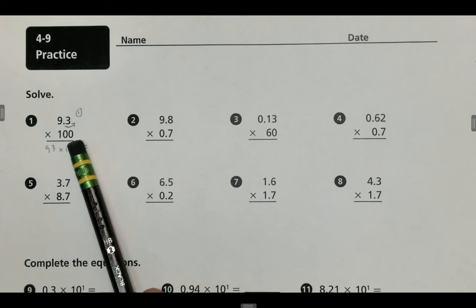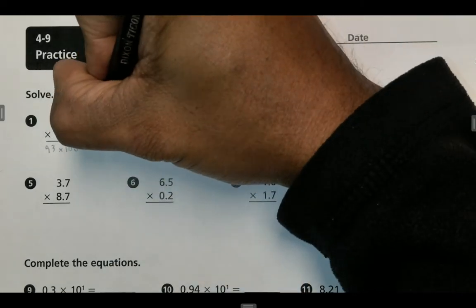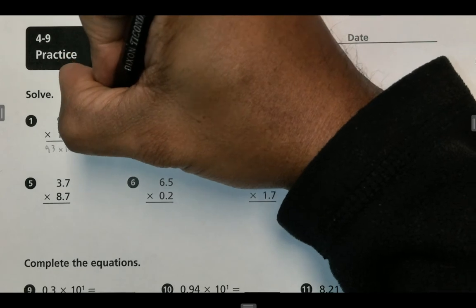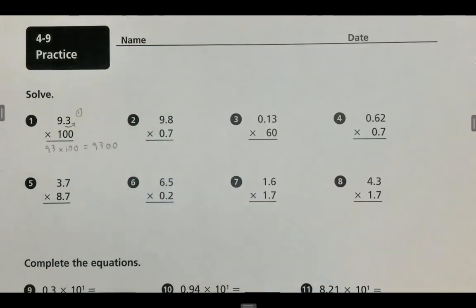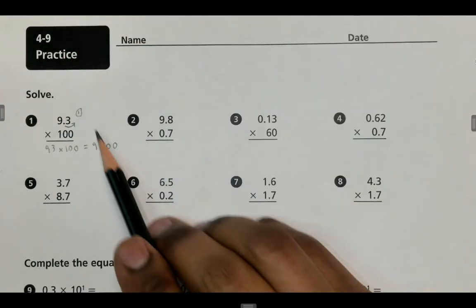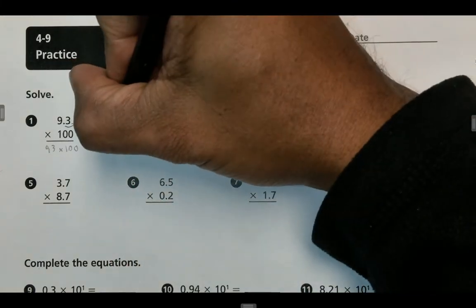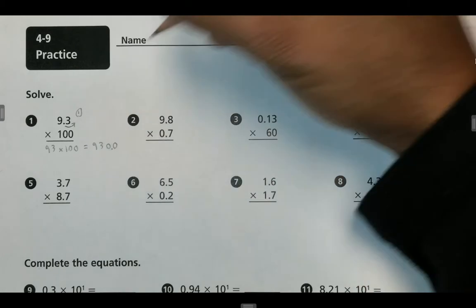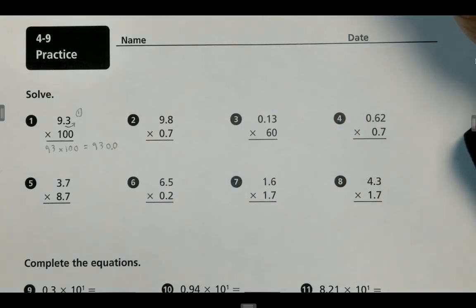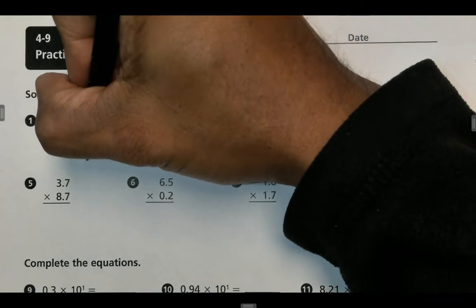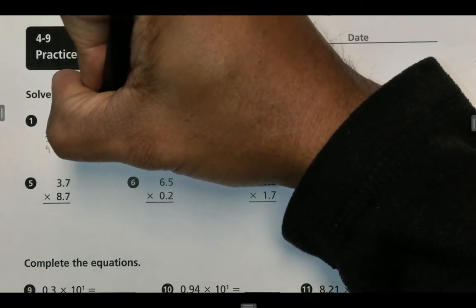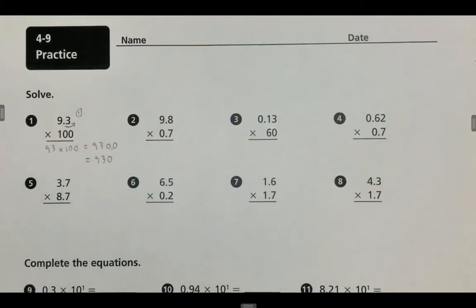Multiply 93 times 1. And then add our zeros back in. But now we've got to come in one spot from the end with the decimal point. Pew! And we get 930 and 0/10, which looks a little goofy. So I'm just going to call this 930.